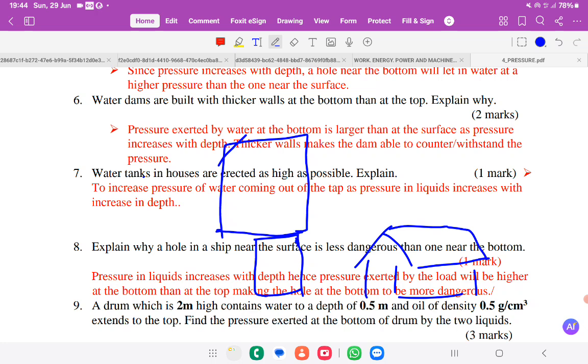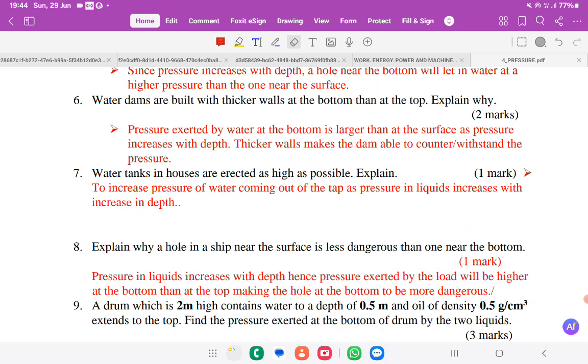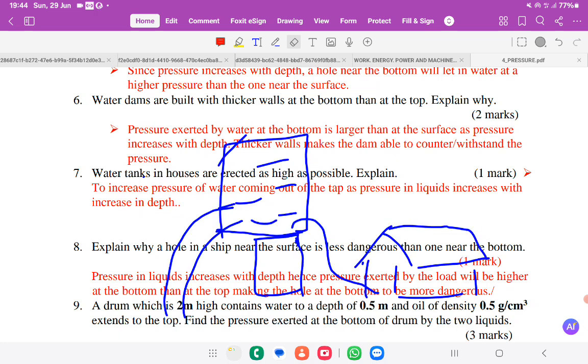This is the water tank holding water to be delivered into your house from maybe the source, let's say from a water body. So why is the tank at a higher position like this? The reason is in order to increase the pressure of water coming out of the tap, as pressure in liquids increases with depth.